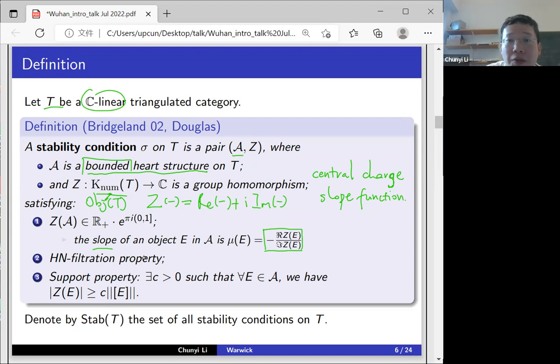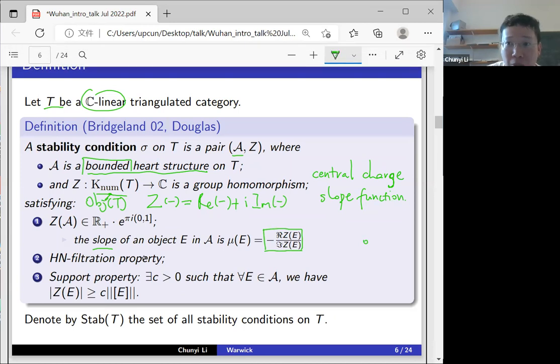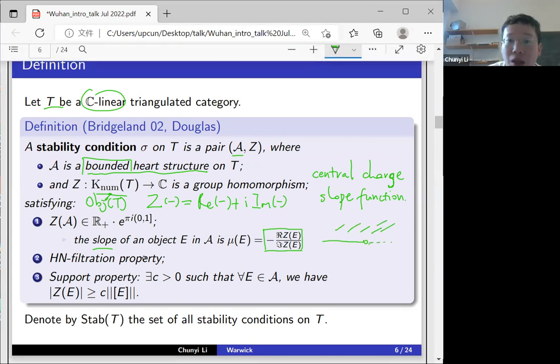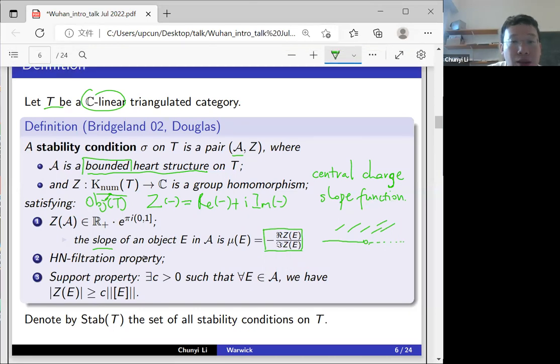First of all, it maps the objects in the heart to the strict upper half plane together with the negative real axis, something on the top, and removing the origin, that's important.